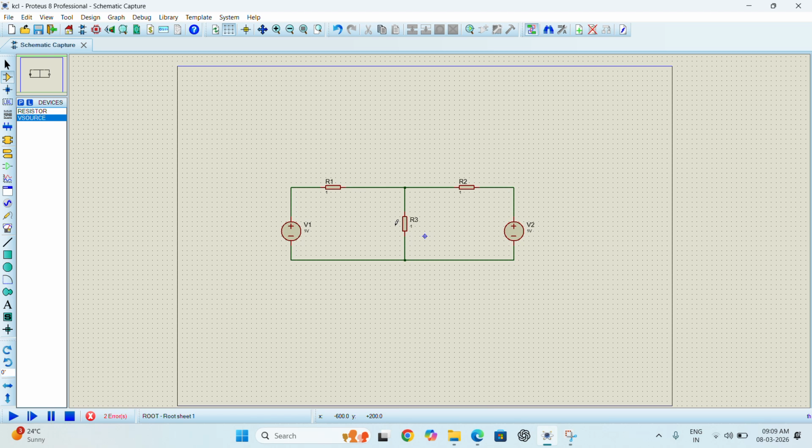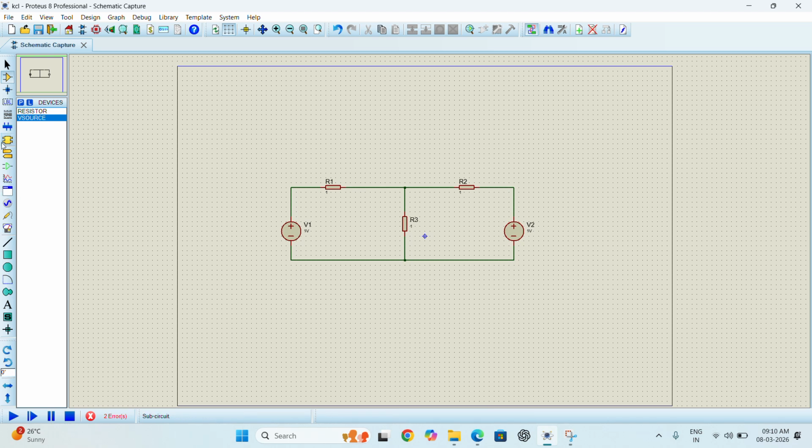Anywhere you find a loop, you can find the current in it by using KVL. We can apply KVL here also, but we are studying KCL, so I will tell you with respect to KCL. So KCL is used to find the node voltages. It's a current law, but we use it to find the voltages, and KVL is a voltage law, but we use it to find the currents.